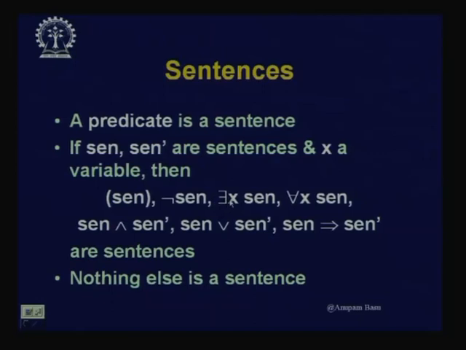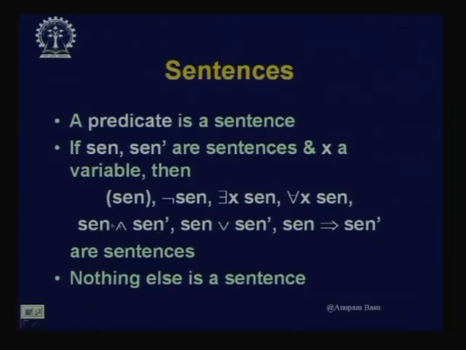There exists x such that the sentence is true is a sentence in first order logic. For all x, SEN is a sentence. Now these two are equivalent. If you look, I have sometimes written the not symbol as this and sometimes as this prime, but essentially these two mean the same thing.